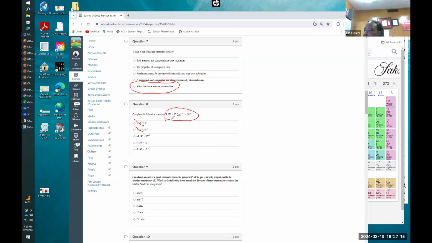9.370. And then in your calculator, you guys are going to write 9.370 EE. And then you're going to put parentheses -5. So how many of you guys are currently using your phone or a calculator?